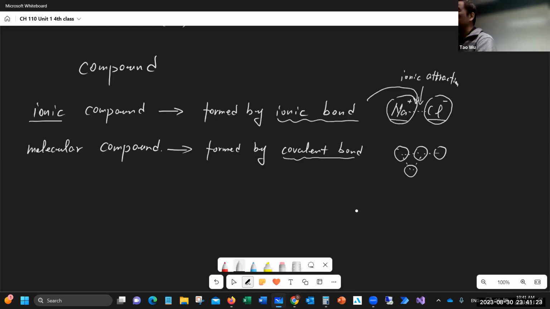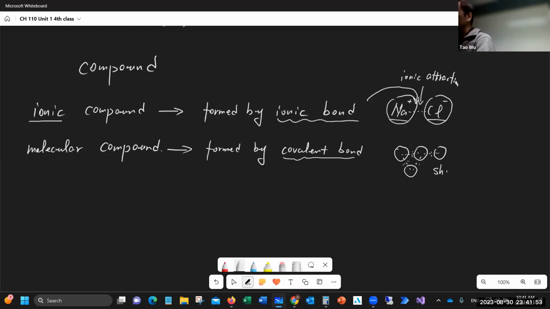They group together in another way: they're sharing electrons between each other. This bond is not as strong as the ionic attraction. Ionic attraction is stronger than the covalent bonds between molecular compounds.